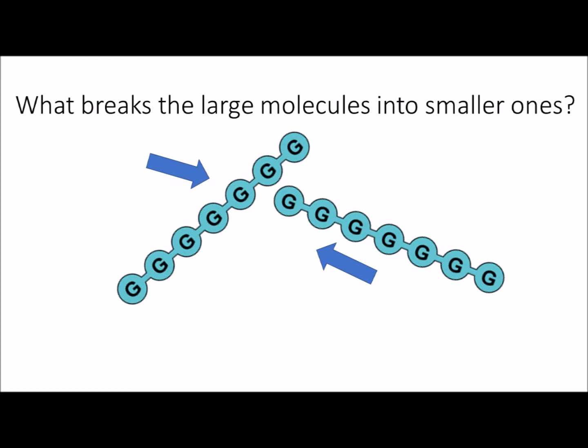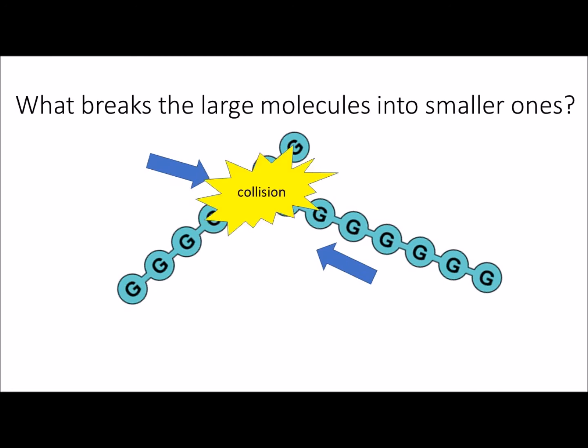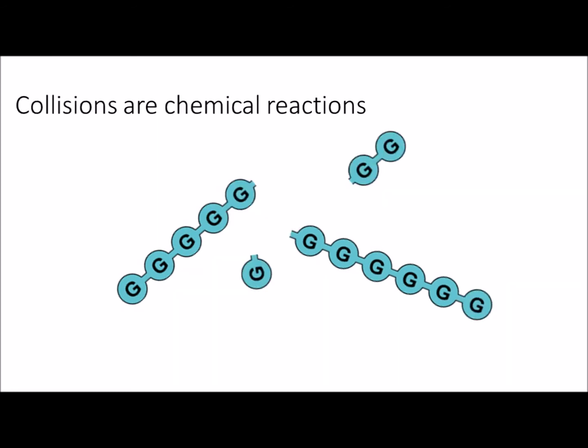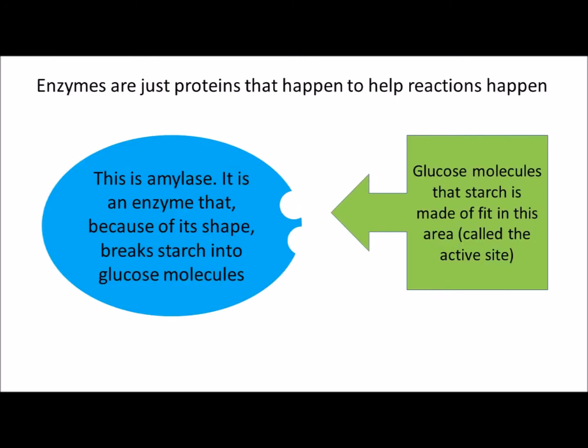If you put starch in water and heat it, the particles move around, and there will occasionally be collisions between starch molecules which break the molecules up into smaller ones. Over time, that will break down starch into individual glucose molecules, but that will take a huge amount of time and a high temperature. Enzymes allow reactions like this to happen at a lower temperature.